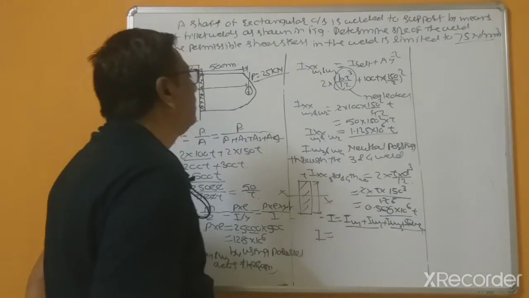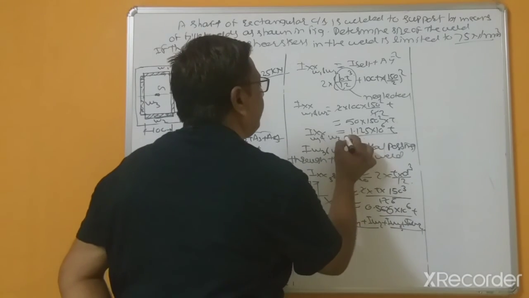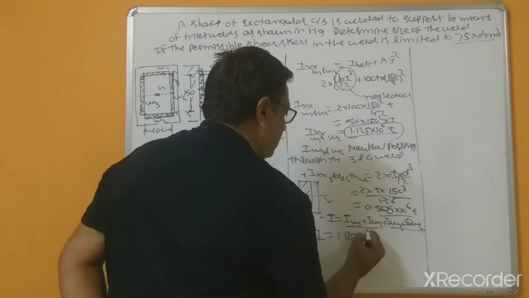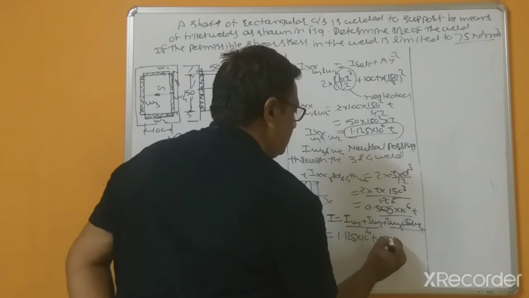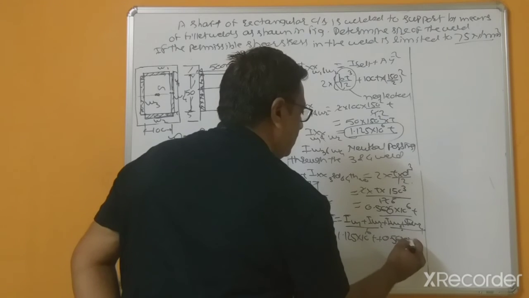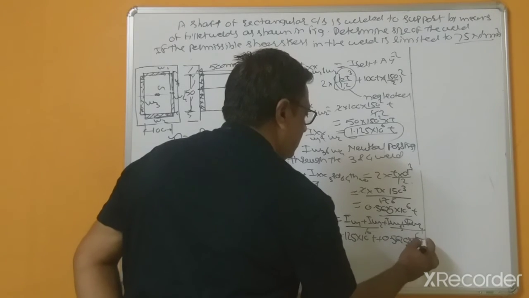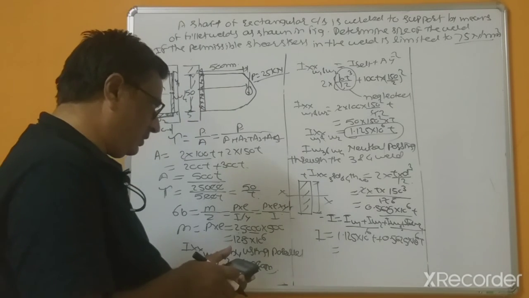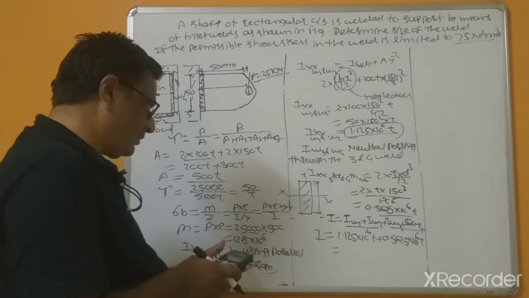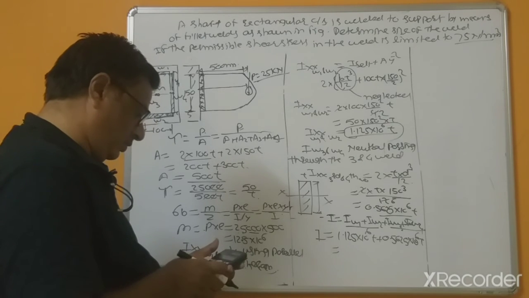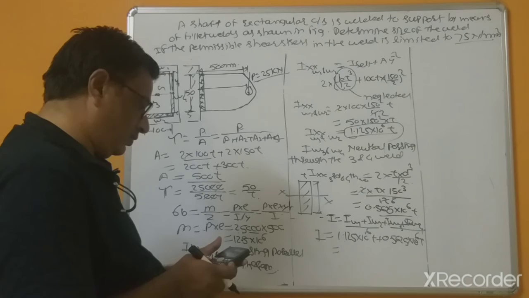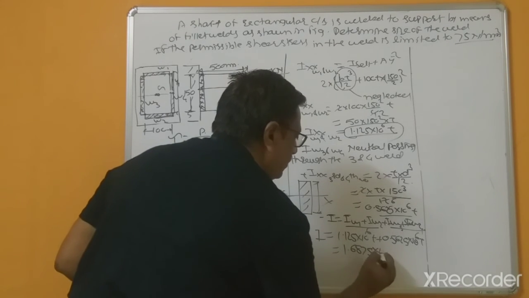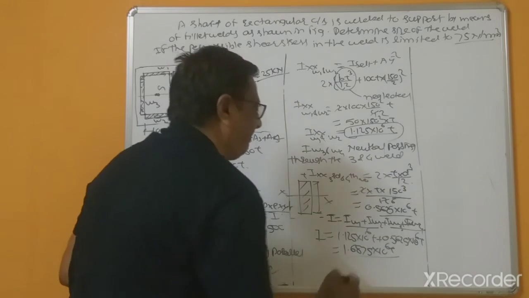So directly I can write 1.125 into 10 to the power 6 T plus 0.5625 into 10 to the power 6 T. I will combine this: this is 1.6875 into 10 to the power 6 T.